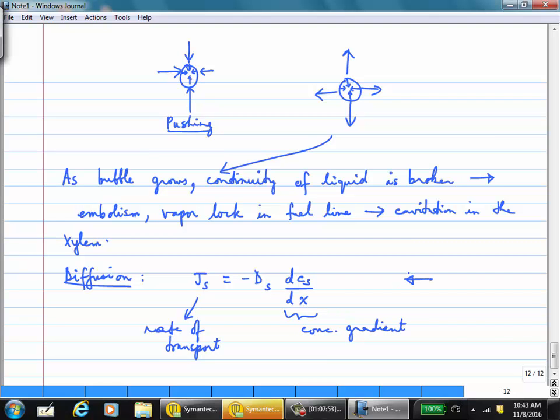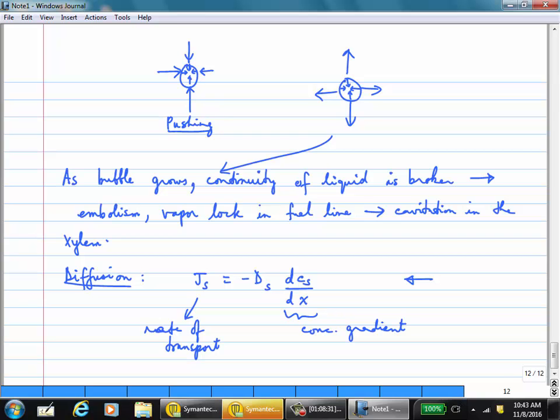No, Ds is the constant of proportionality. It changes with the solute. And this is the concentration of the solute. This is the concentration gradient, because if there is a higher concentration of solute somewhere versus a lower concentration somewhere else, there is a concentration gradient.